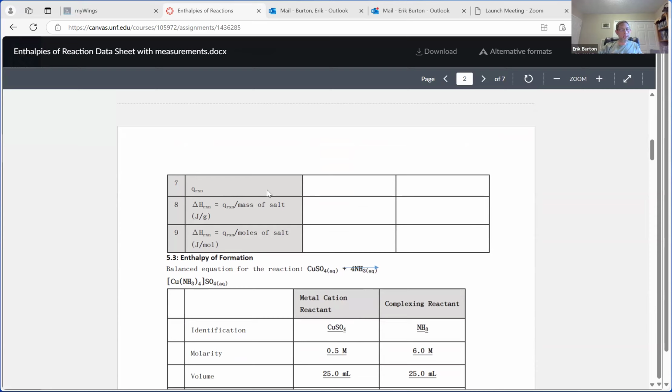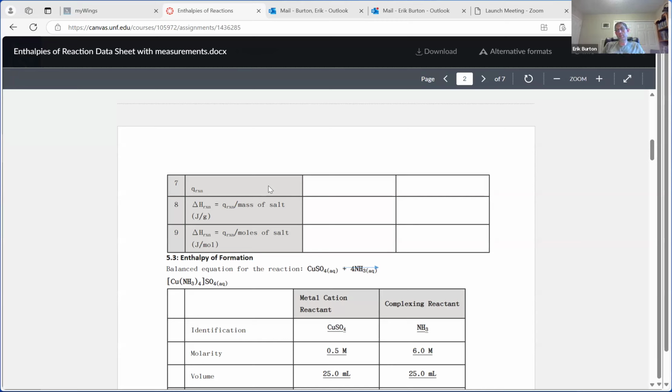Q of the reaction, line 7. Go back to page 215, and we see that equation 8 says 0 is equal to Q of the reaction plus Q of the solution plus Q of the calorimeter. Well, just bring Q of the reaction to one side there, bring that over in place of the 0.